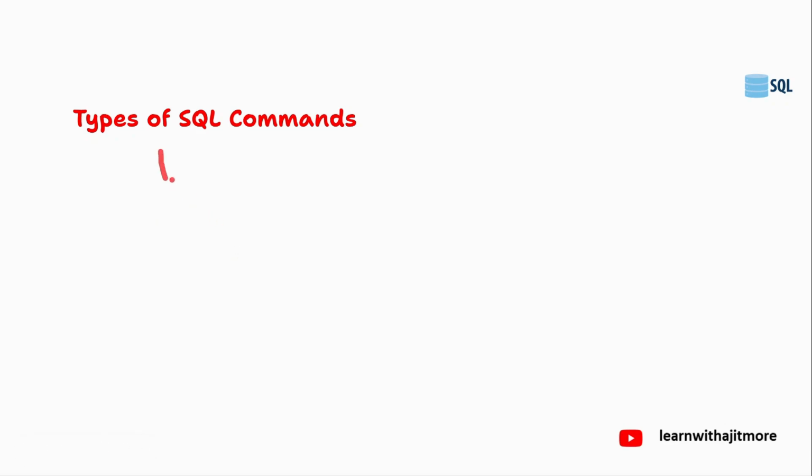The first category is data query language, also called DQL. In this category, one basic command comes, that is select. And then there are a lot of variations of it.